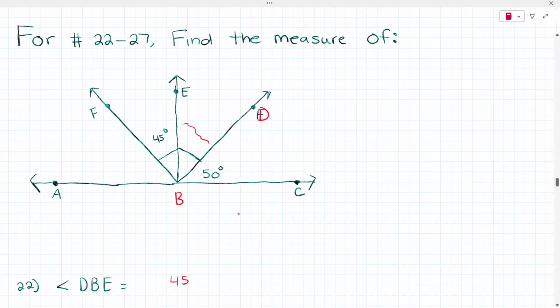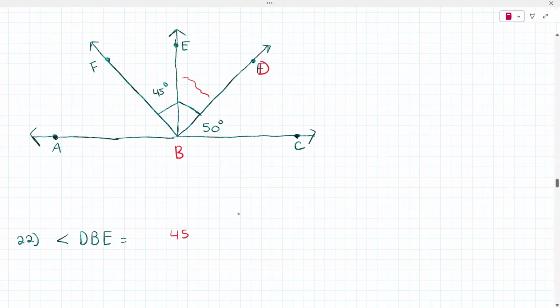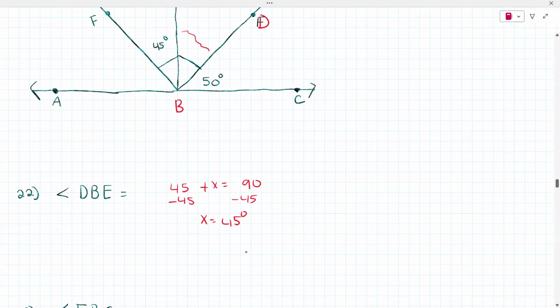It's going to be angle FBE plus angle EBD, which we don't know, call it X, and it equals the angle FBD, which is 90. Subtract 45. So 90 minus 45 is 45. So angle DBE is 45 degrees.